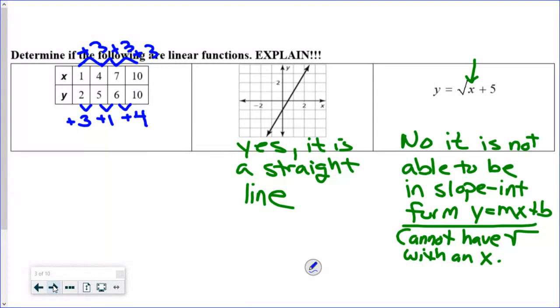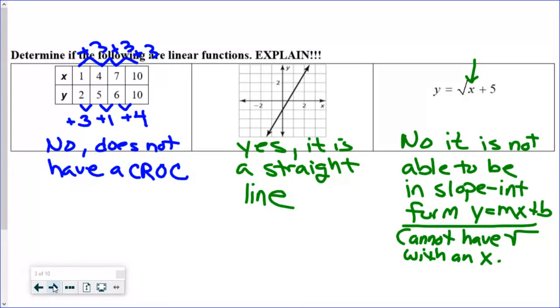Because that's not going by the same rate. Remember, it doesn't matter what the x is, but no. This means it does not have a constant rate of change. Okay.